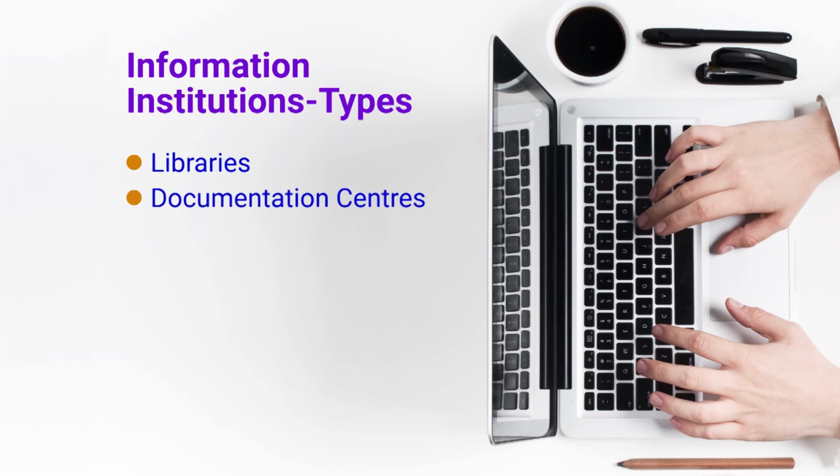The number 2 type of information institution that we have enumerated here is a documentation center. You might have heard this term documentation center prior to coming to the library and information science program or course.